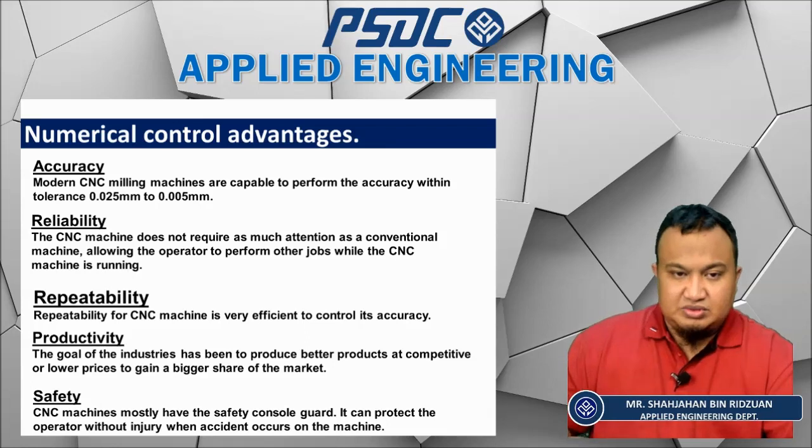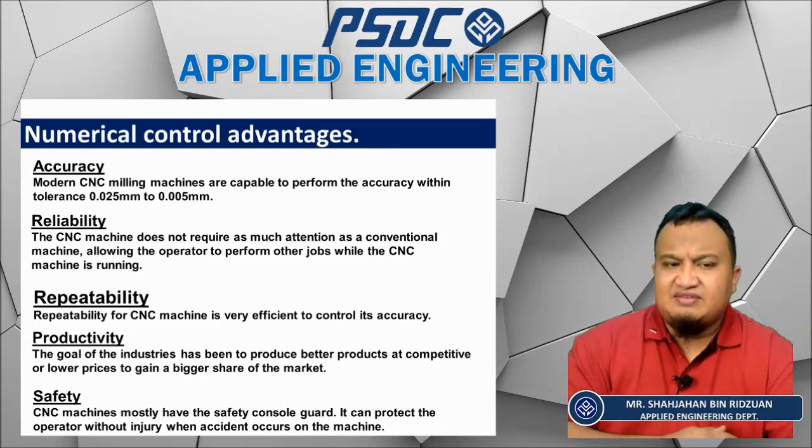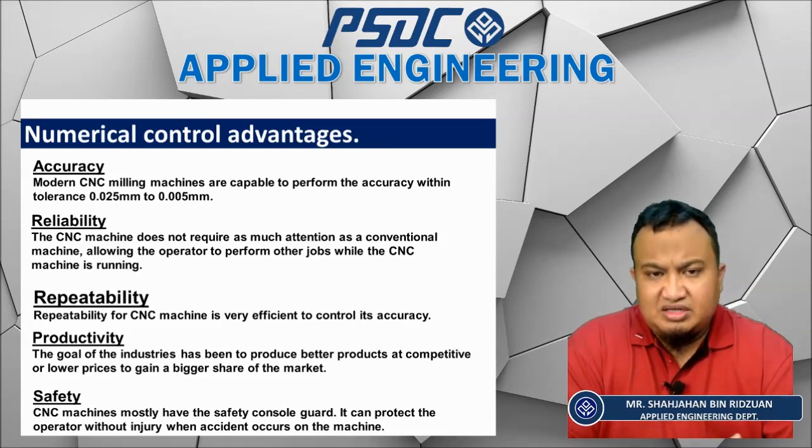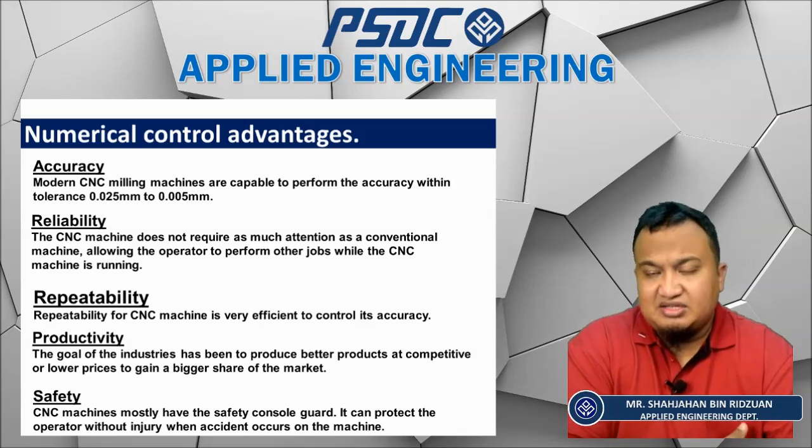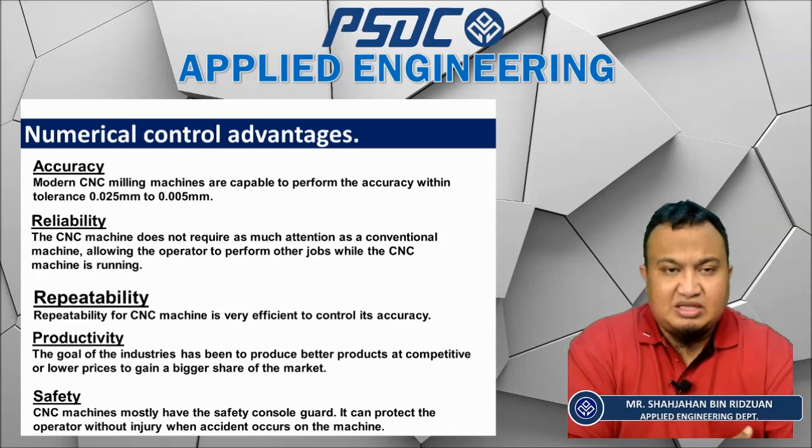So what are the advantages of using a CNC? There are several advantages. Accuracy: modern CNC machines are capable of performing with accuracy within a tolerance of 0.025 to 0.005 millimeters.